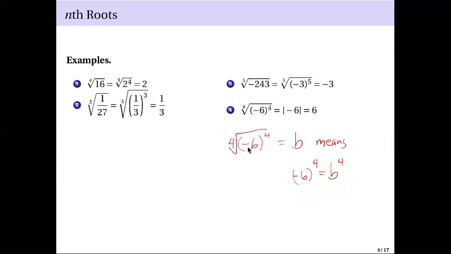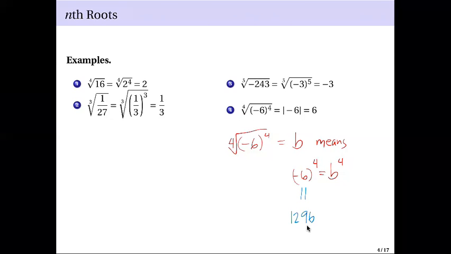This negative 6 to the power 4, this guy here, it's what? 36 times 36. Or simply, this is 1296. If you multiply negative 6 with itself 4 times, you will get 1296. And it's a positive number.